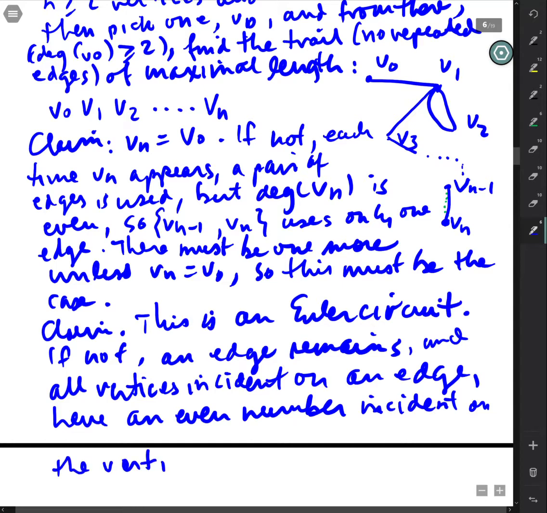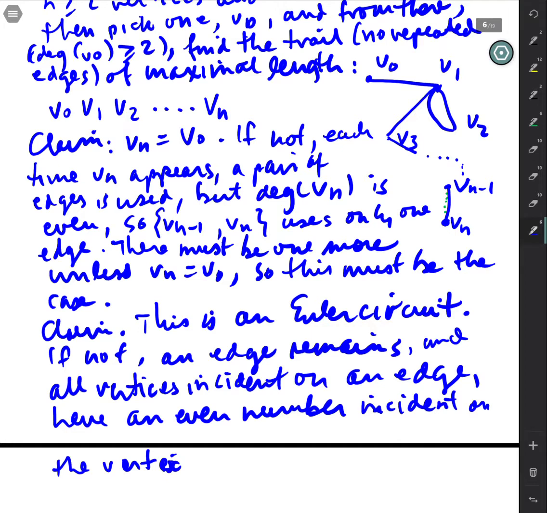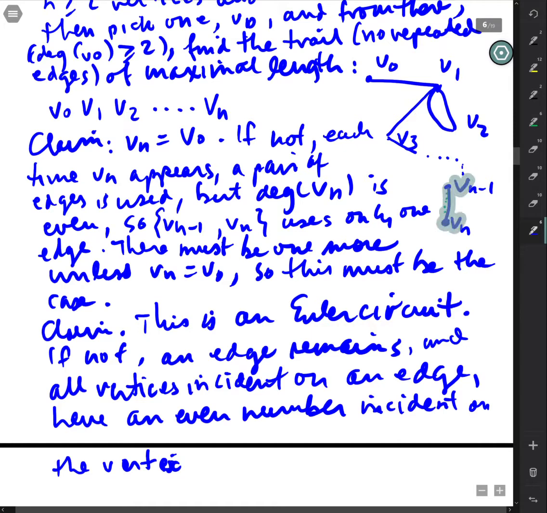Because every time in that circuit we've used an even number of edges each time we pass through a vertex. And so now we know that Vn is V0. There's our last edge there, like so. Then we've used an even number of edges at each vertex.